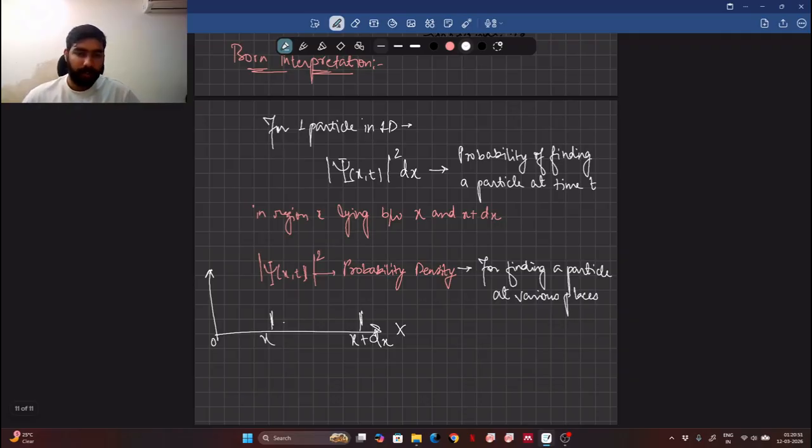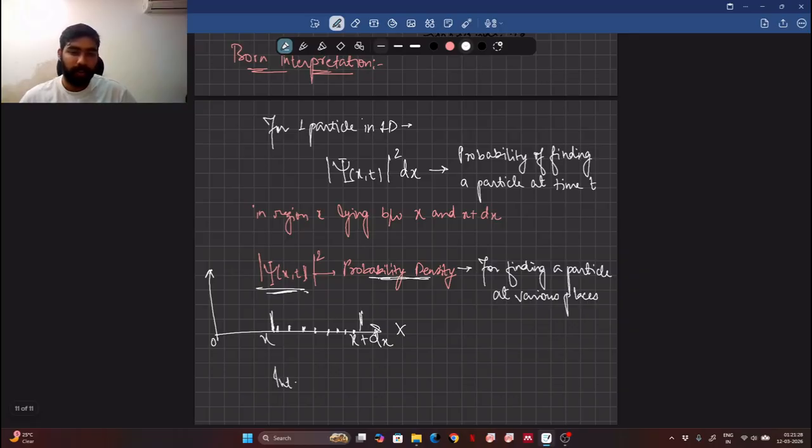There can be different points at which the particle can be found, and at these different points, the square of psi represents the probability density that the particle can be found at each point of space. When we integrate it over the whole region, we will get the probability.